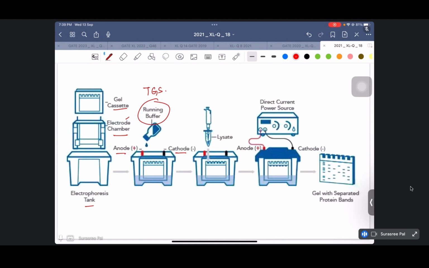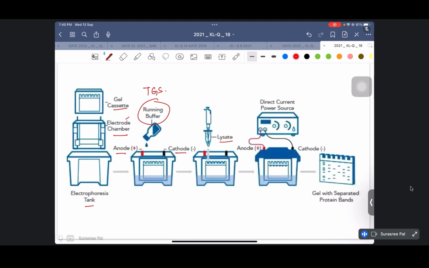And here what you do, after putting this whole setup in the buffer, is you add the sample. This can be different types of sample. It can be a cell lysate, it can be a purified protein, it can be anything. You put the samples in those wells, right?